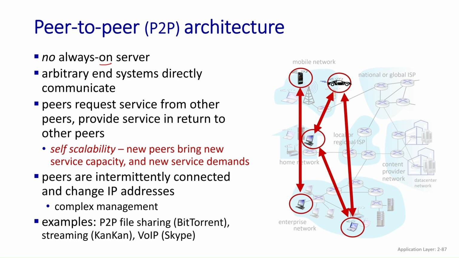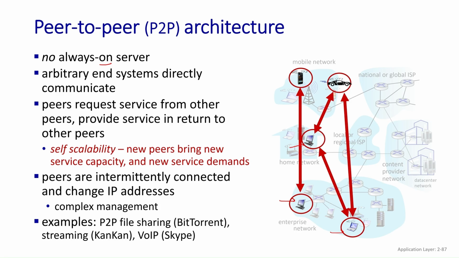Peers are machines running the same piece of code, providing services to and utilizing services from each other. These peers can not only utilize services provided by others, but also provide services themselves.